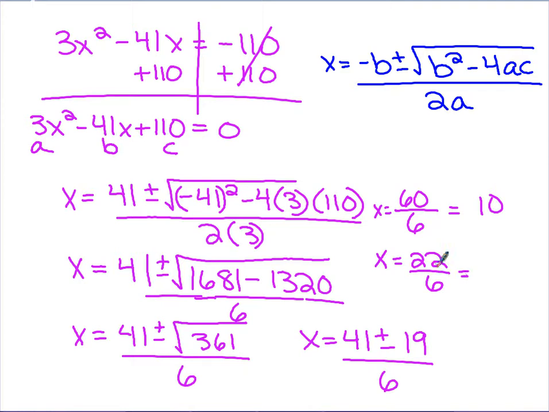And if I simplify that, I get 11/3. So the two locations where this quadratic would cross the x-axis are 10 and 11/3. Okay.